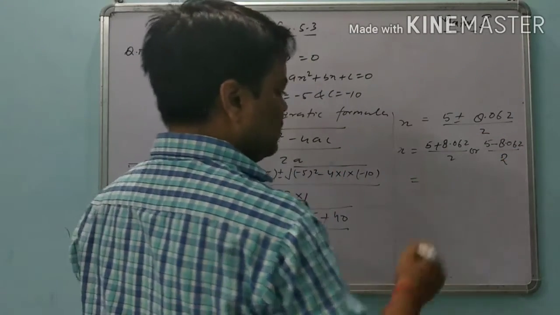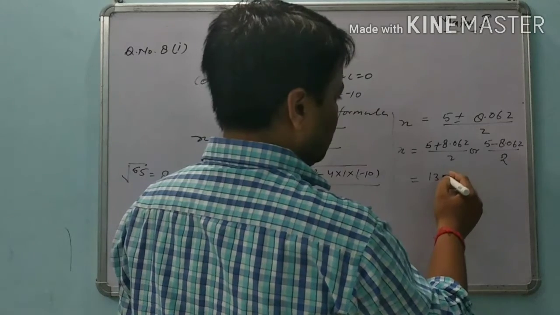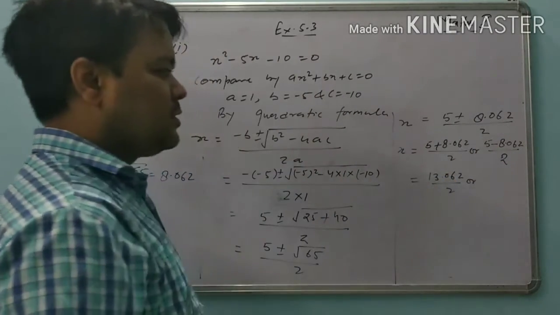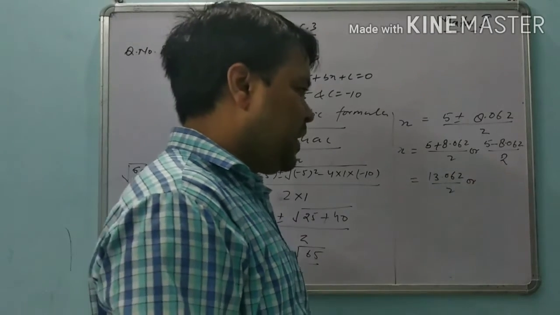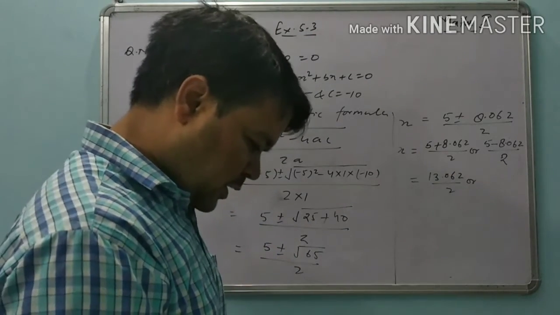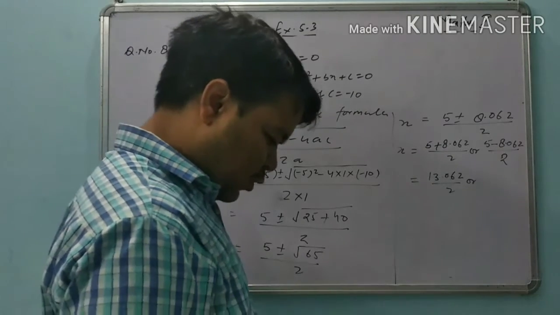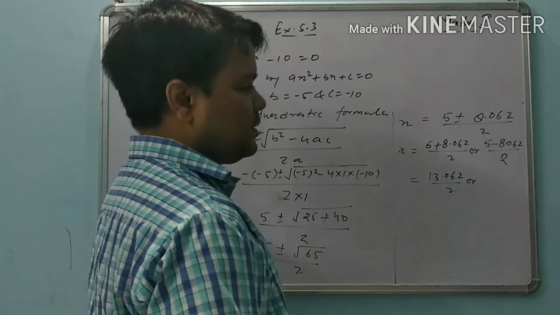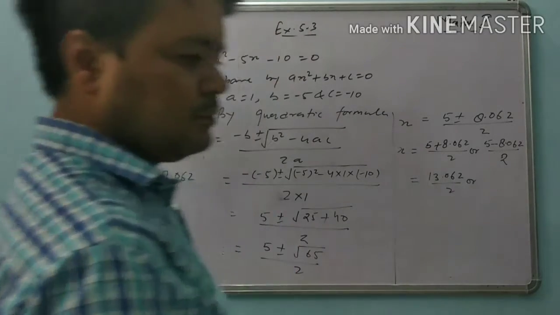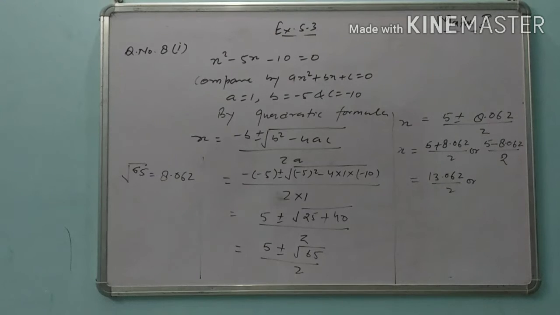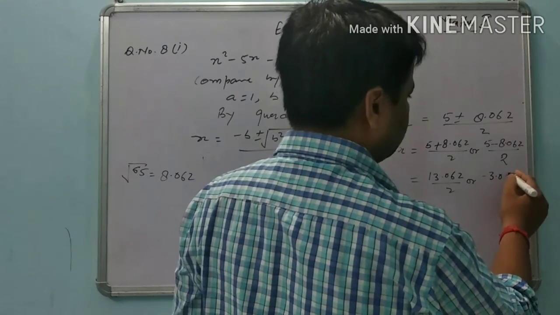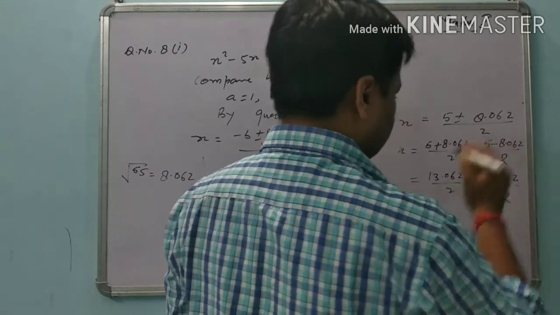Then it will be 13.062 by 2, or if we subtract 5 minus 8.062, its value will be minus 3.062 by 2.